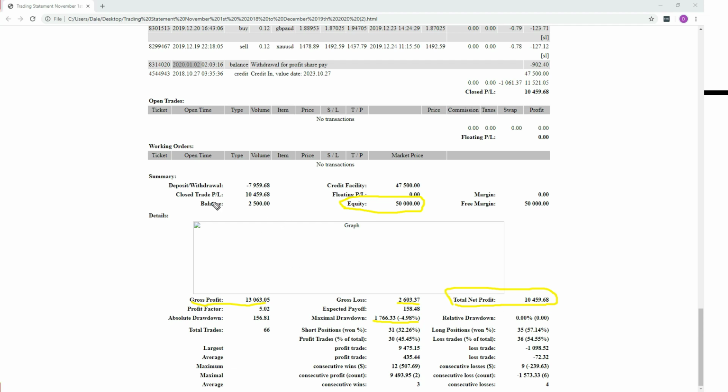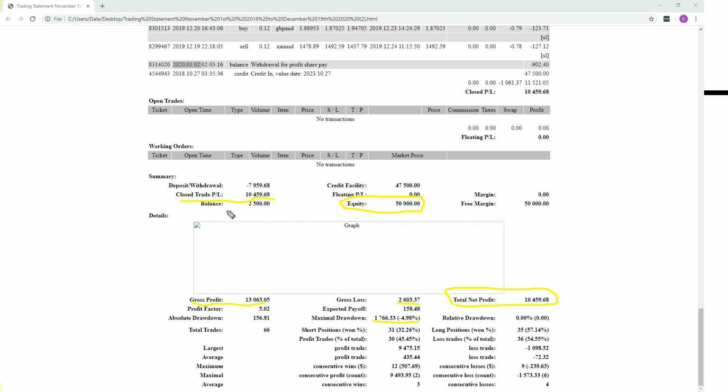So you'll see that here, closed trading P&L. So you'll think, well, Dale, you've just said that it's a £50,000 equity, but the balance of 2.5.